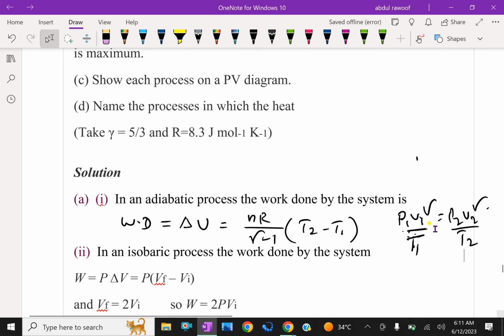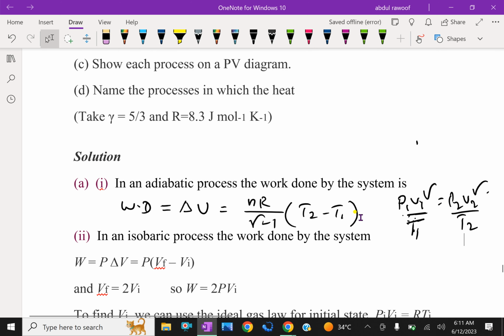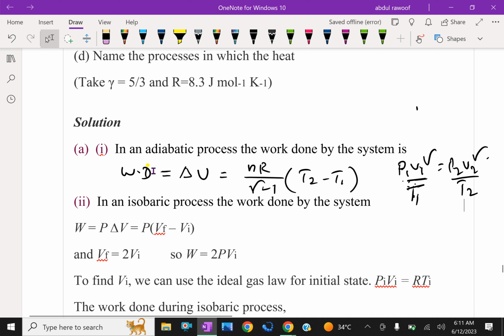From this relation, we can find T2 and apply this T2 here. We can get the work done. For more detail, we'll discuss the adiabatic process separately.